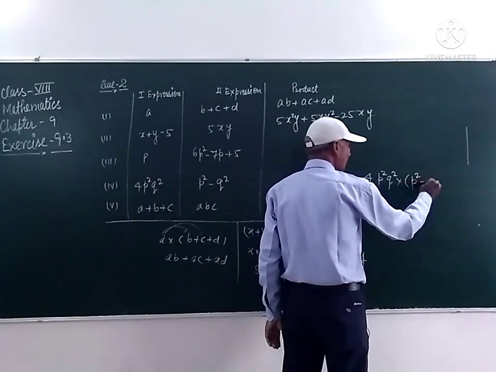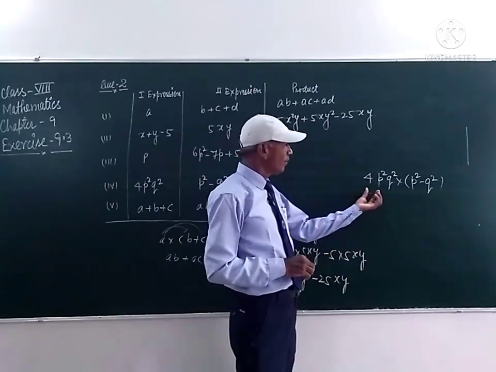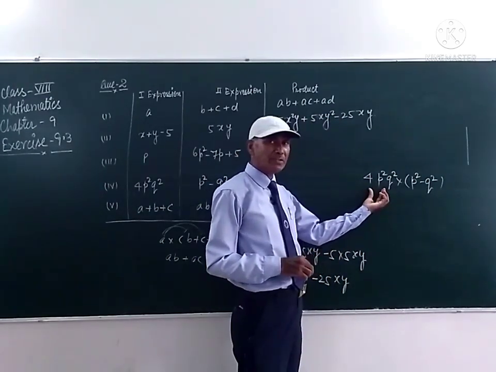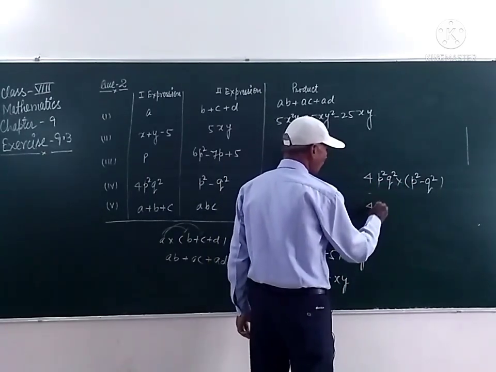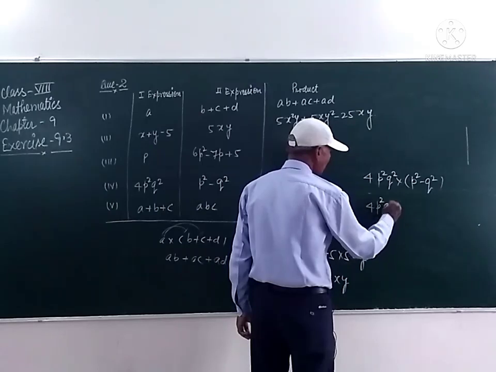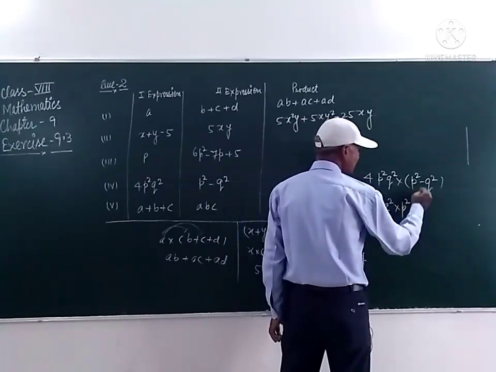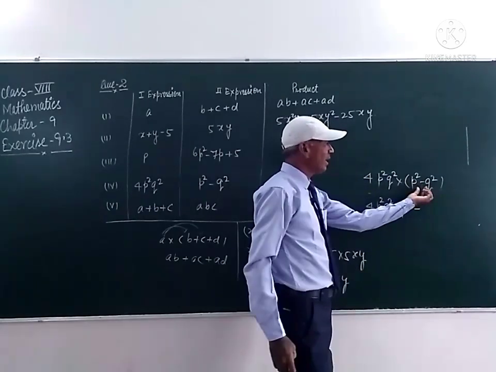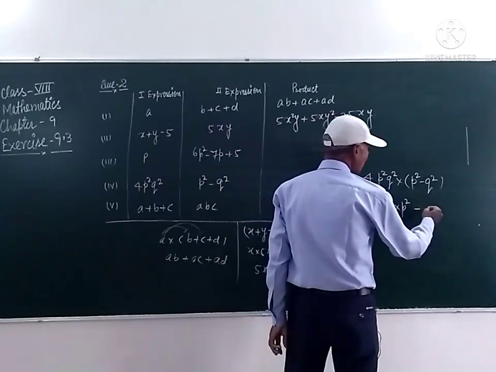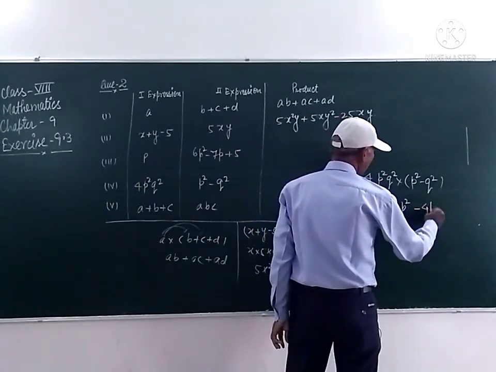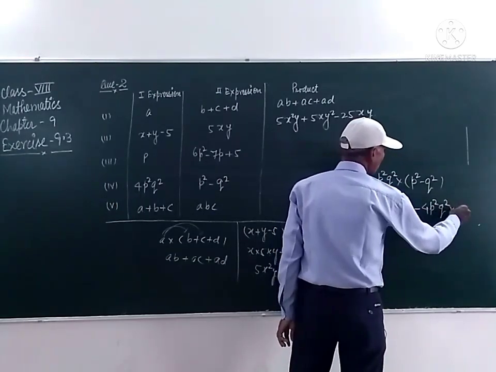Now first of all we have to multiply this 4p square q square with p square, student. This one will be 4p square q square into p square, minus, because in this bracket there is a negative sign, so we put here minus 4p square q square into q square.